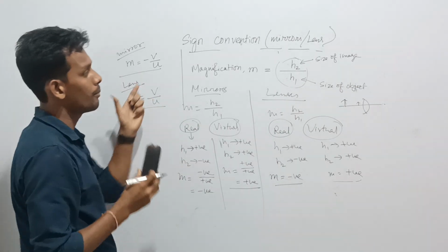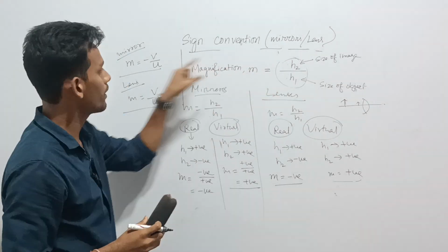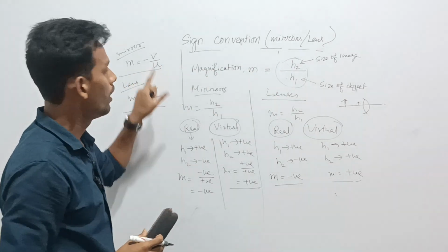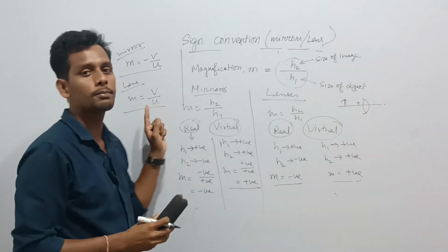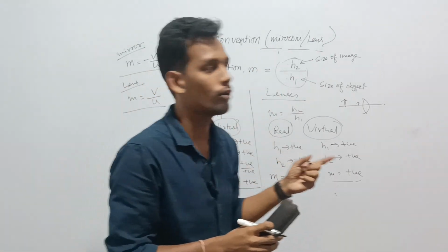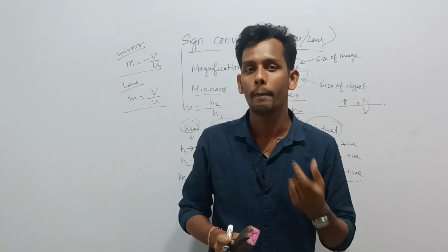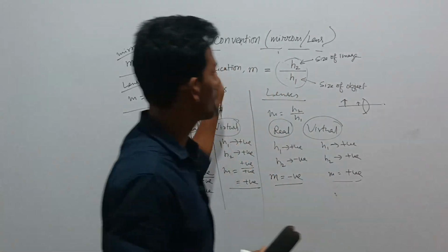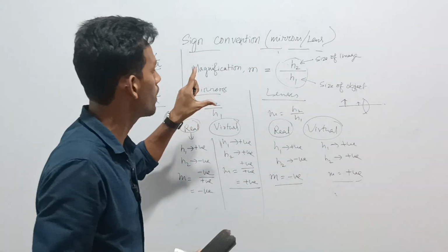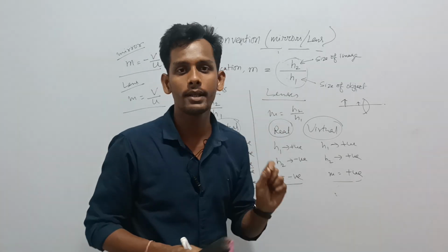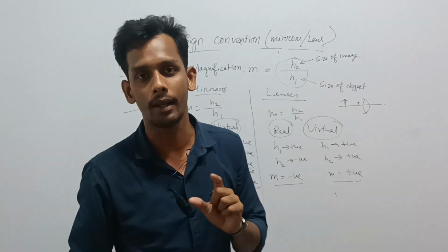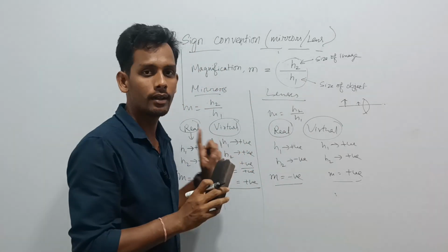So for a mirror you can write h2 by h1 is equal to minus v by u, and for a lens h2 by h1 is plus v by u. So by using both formulas you can find the magnification. Okay, so this is the sign convention and the formula of magnification for the chapter light, reflection and refraction for class 10. I think this is clear to you.